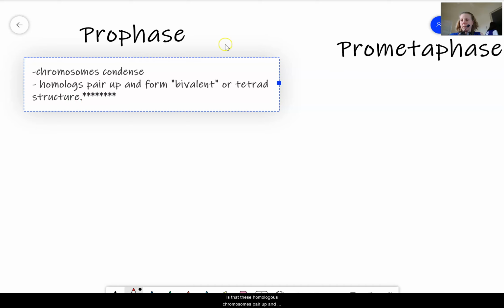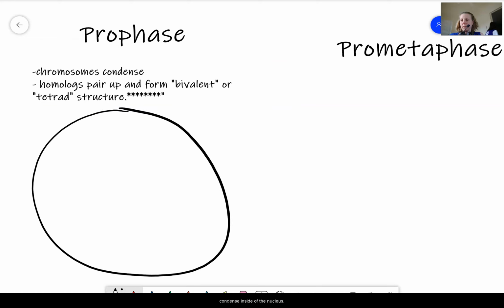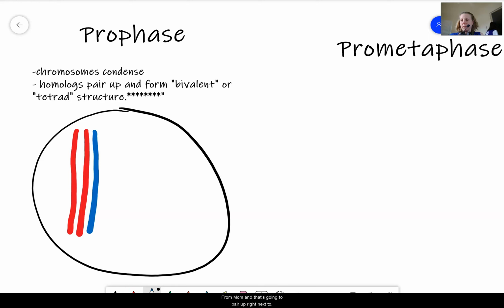The second thing that happens that's really very special to meiosis is that these homologous chromosomes pair up and they form a bivalent or a tetrad structure. So what that means is that as the chromosomes condense inside of the nucleus, you've got chromosome 1 from mom, and that's going to pair up right next to chromosome 1 from dad.